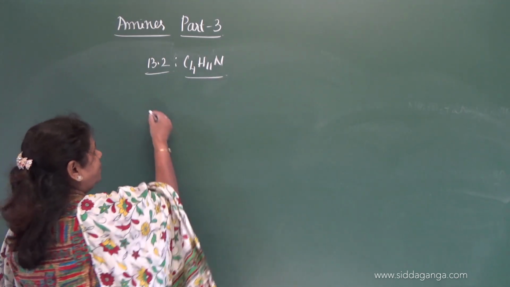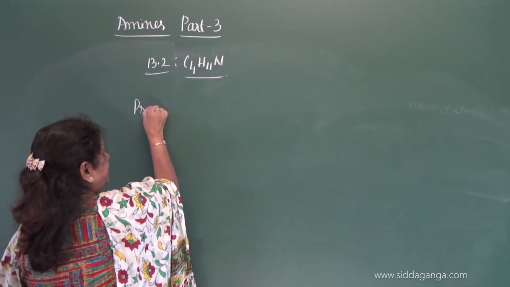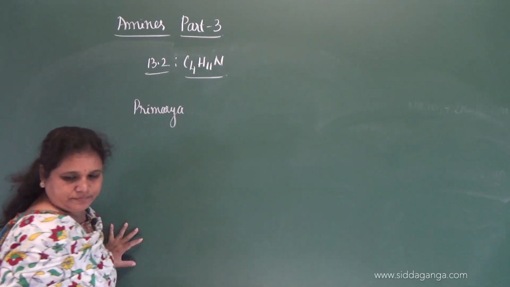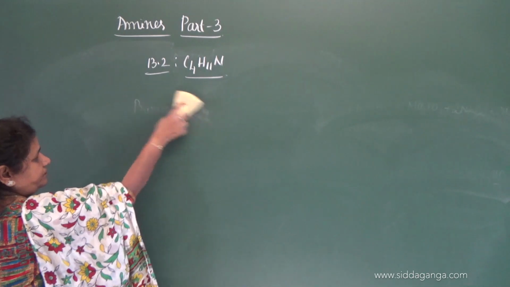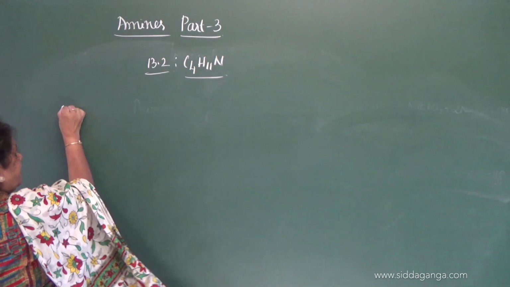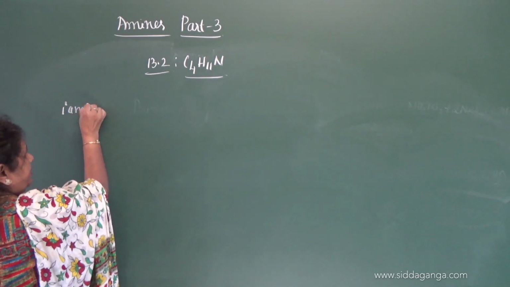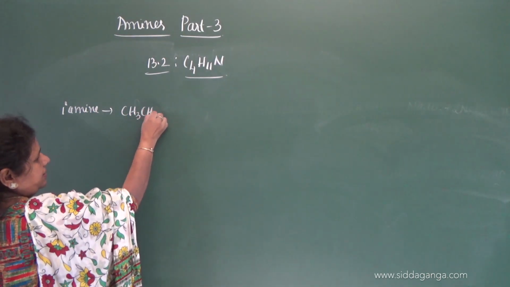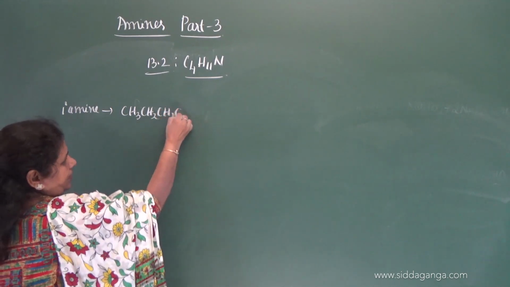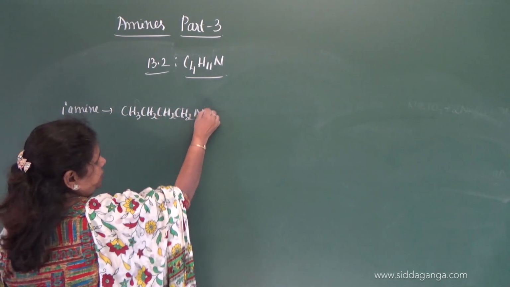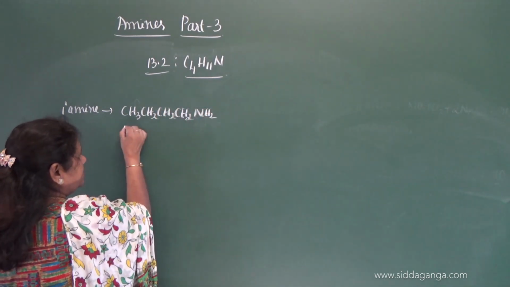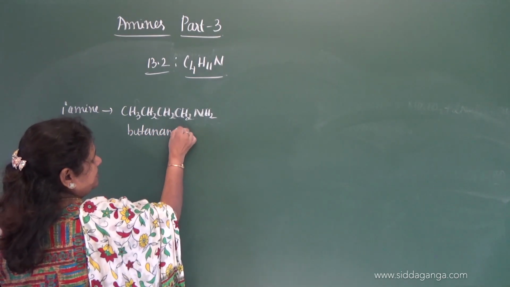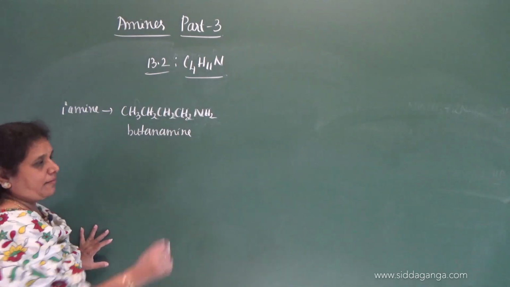So let me give the primary amines first. Primary amines of the formula CH3CH2CH2CH2NH2. This is butanamine, butan-1-amine. The IUPAC name is asked there, butanamine.